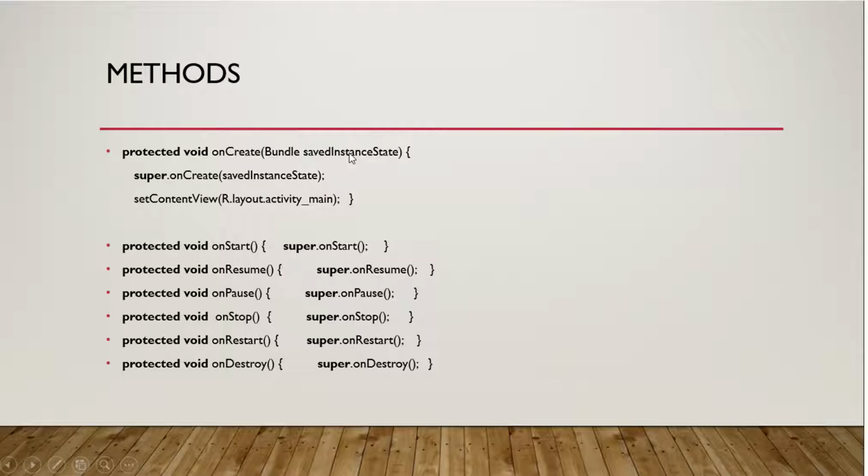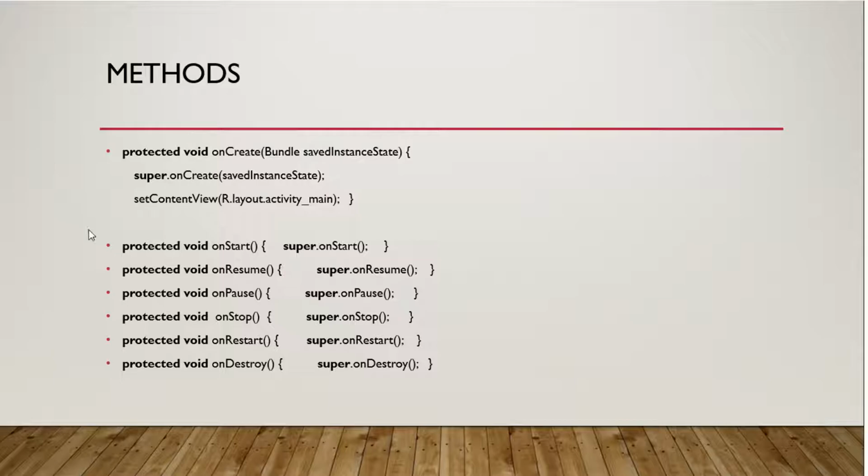At the very first time when we are creating this activity, this object will have a null value. This instance object is passed to the super.onCreate method, because it is a method of the Activity class which we extend in our activity class.